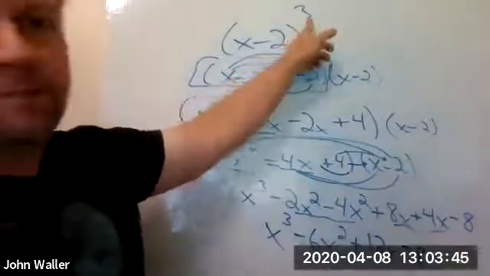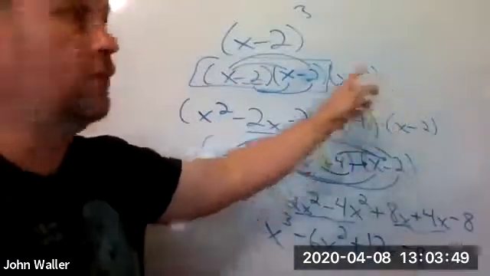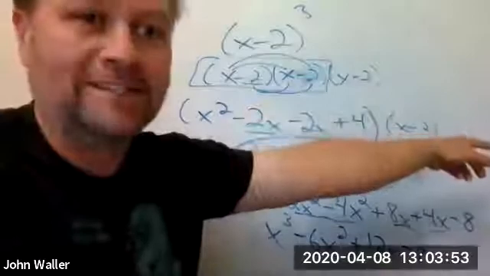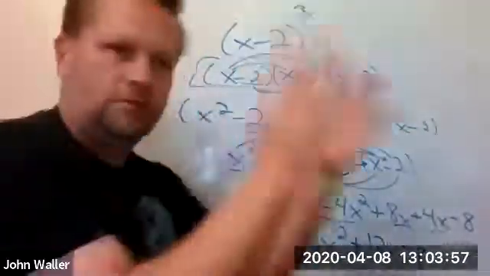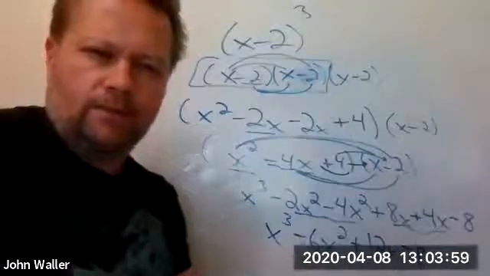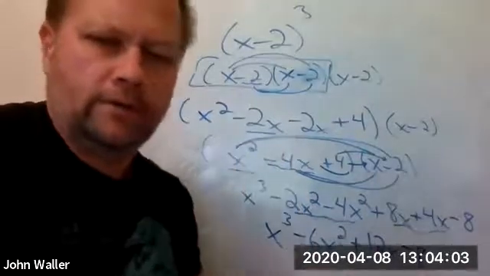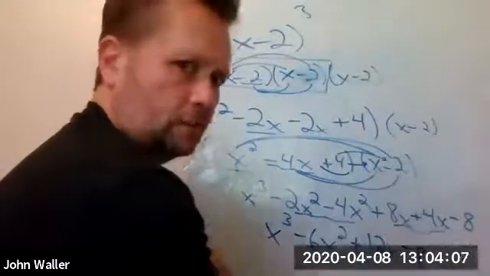So if there was a fifth power here, that would suck, but at least you know how to rewrite it. If there was a fifth power, you would write it 5 times. Then you would do 2 and 2, you know. Does that make sense? A little bit? Okay, you're not going to see a lot of those, if any, so don't freak out too much. All right, I'm going to erase all this.